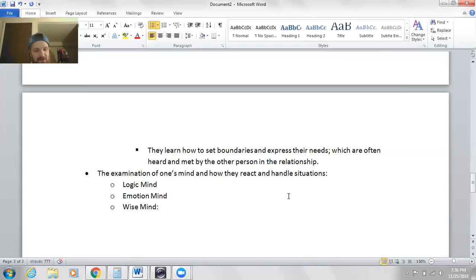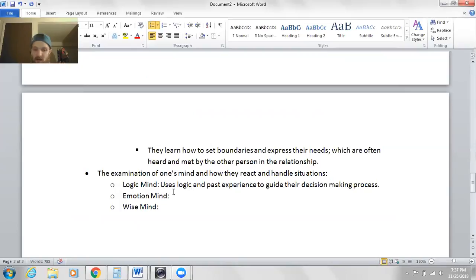So within each of these little pieces, if you can imagine, the word that comes before it is what each of them are. So logical mind uses logic and past experience to guide their decision making process.